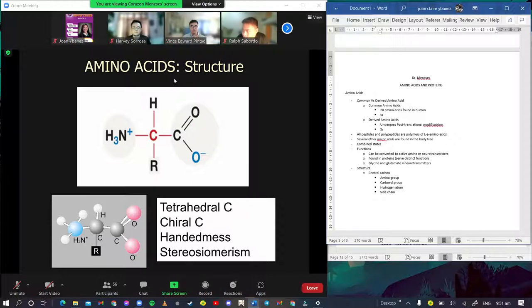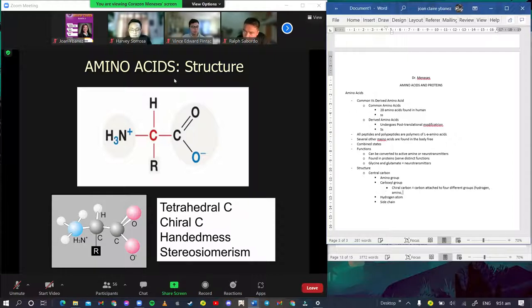A chiral carbon is a carbon that is attached to 4 different groups. Okay, so 4 different groups, and these groups again are, can we mention it again? A hydrogen, an amino group, a carboxylic acid group, and an R side chain group.